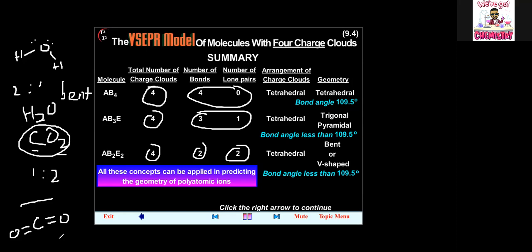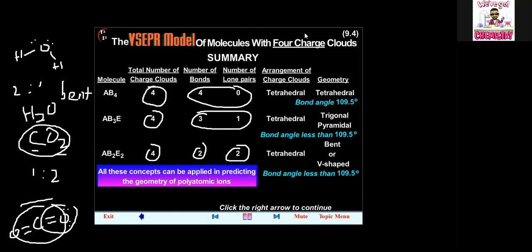This one doesn't have lone pairs because it has all the electrons it needs. It has 4 on, 8 here, and then this one also has 1, 2, 3, 4 to make 8 when you draw the Lewis structure.